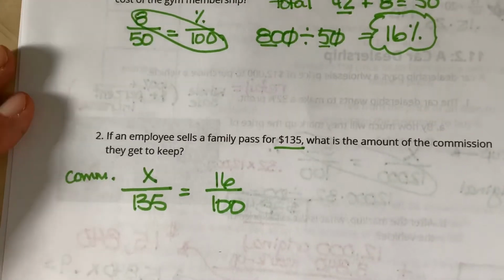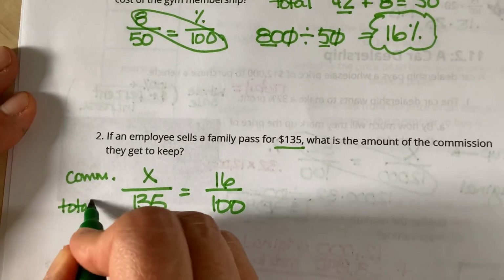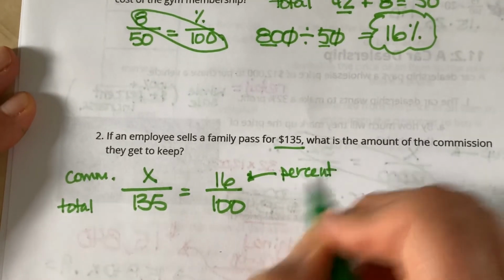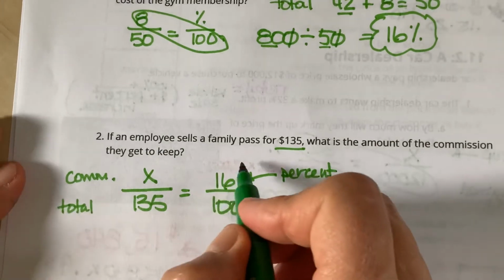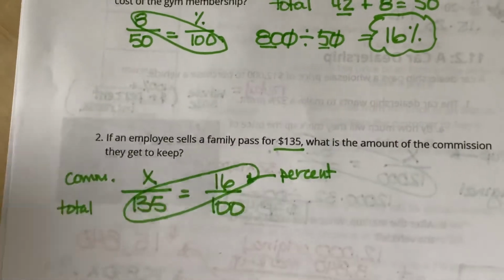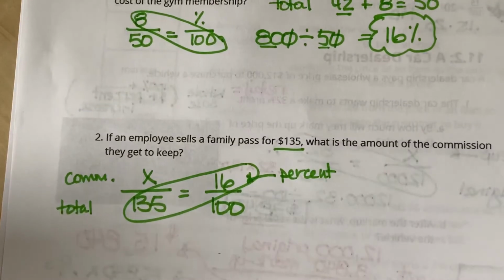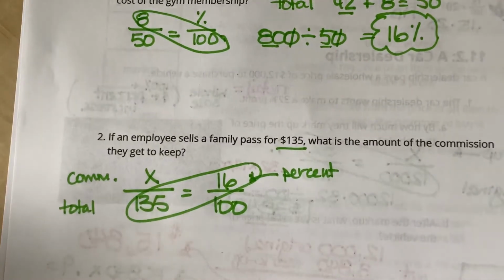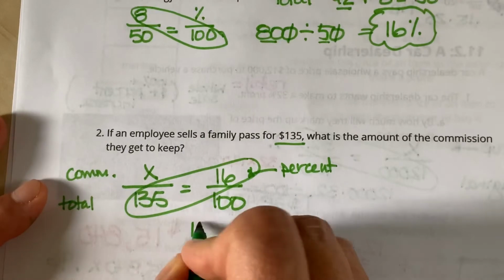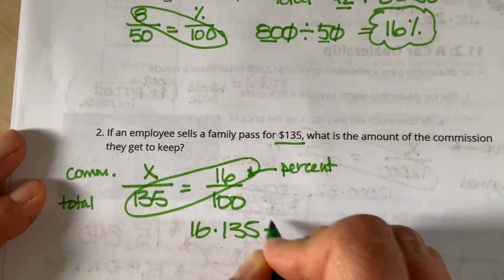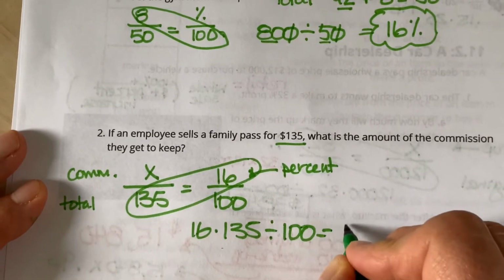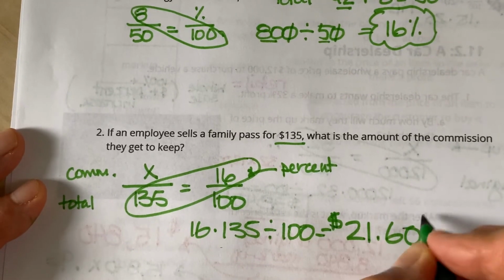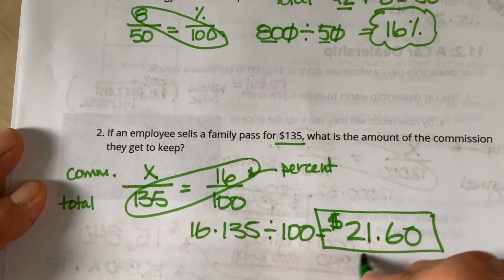So I would set that up: commission over total, percent over 100. So I would do 16 times 135, I'll clear my calculator first, 16 times 135 divided by 100, and I got 21.6 or $21.60. That would be his commission.